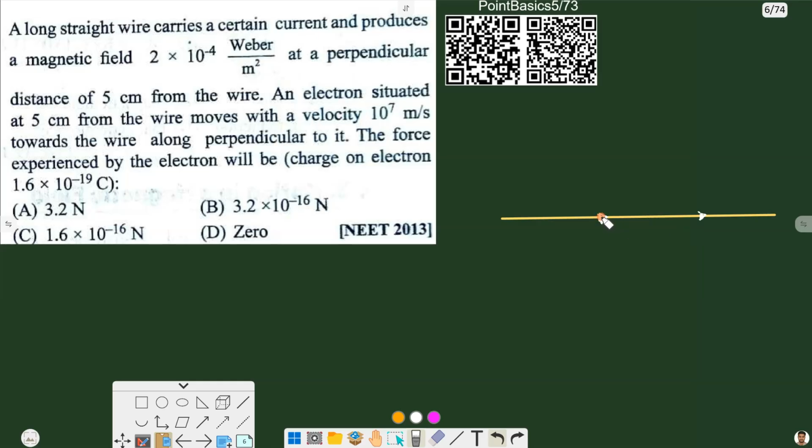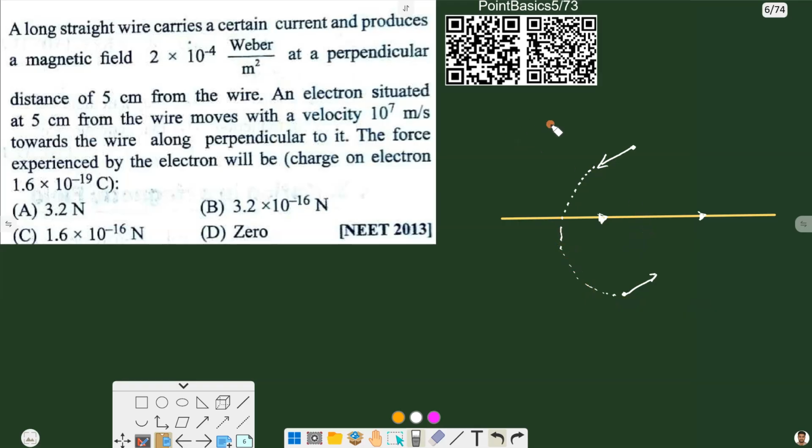So using the right hand screw rule, we can find out that the magnetic field will be out of the plane on the top of the wire and into the plane below the wire. And it will take a circular loop form.